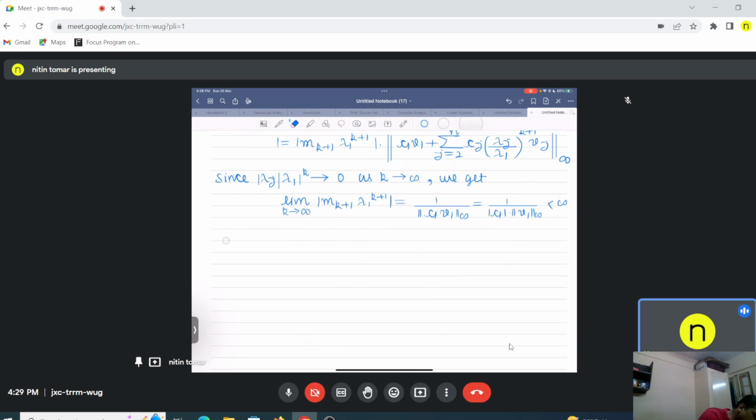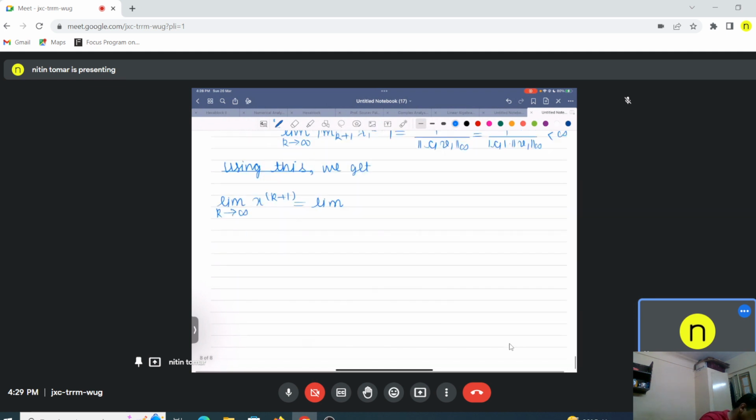So using this, we get the limit of xk plus 1 as k goes to infinity.